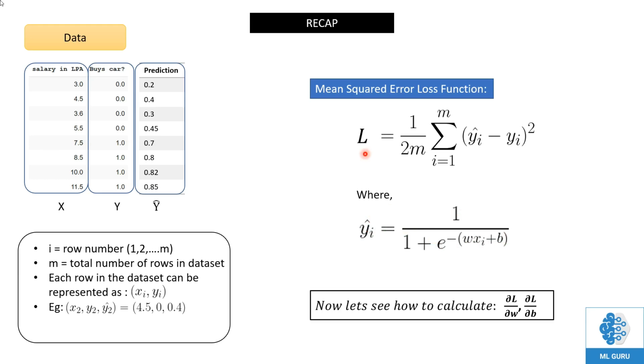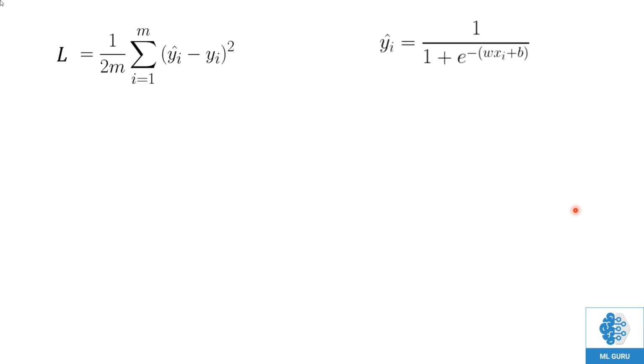Now let's see how we calculate the partial derivative of this loss function L with respect to the learnable parameters of your sigmoid model or logistic regression model, which are nothing but your weight w and your bias b. We will follow a similar procedure to the one we followed when deriving this partial derivative for the regression model.